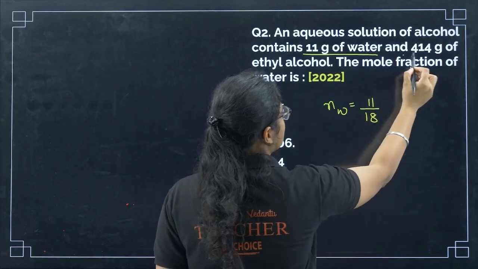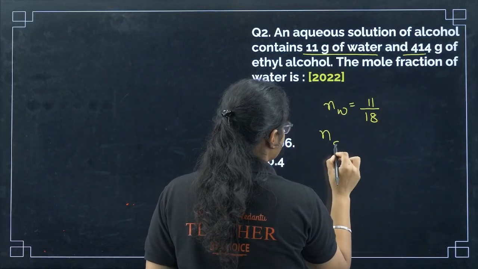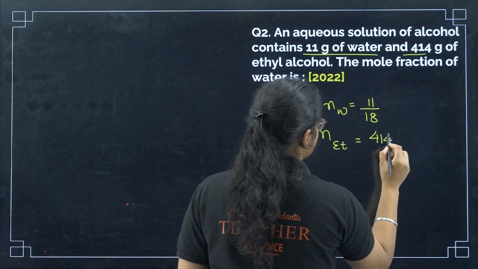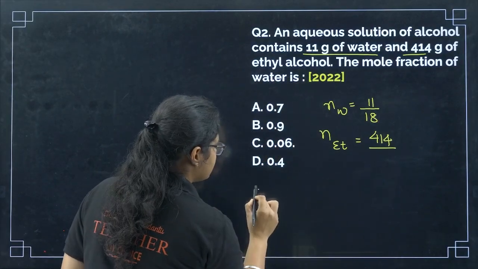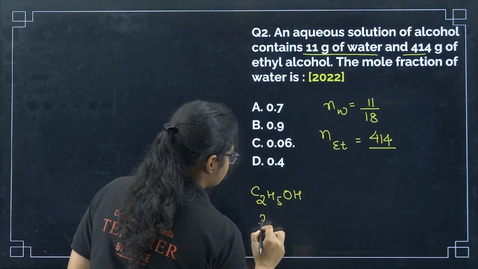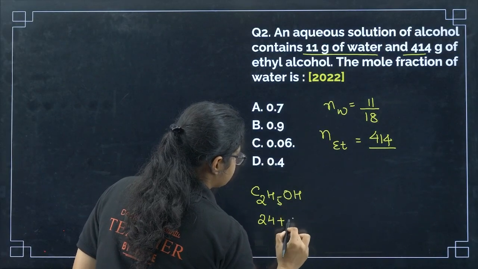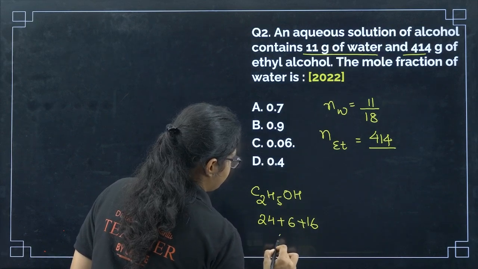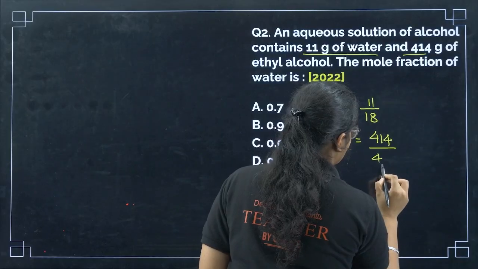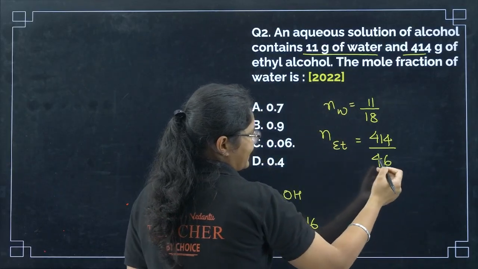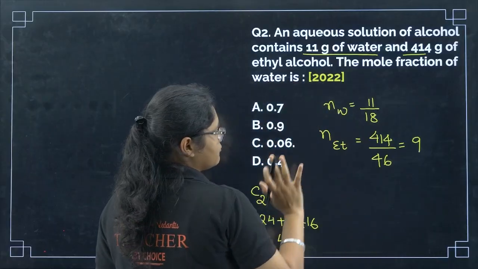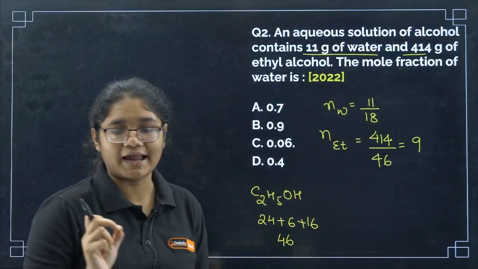Then the number of moles of ethyl alcohol is given mass by molar mass, 414 divided by the molar mass of ethyl alcohol, C2H5OH. That is 12 twos are 24, plus 5 plus 1 is 30, plus 16, so 46. Now 9 sixes are 54, so this is equal to 9. So I have the number of moles of water and of ethyl alcohol.